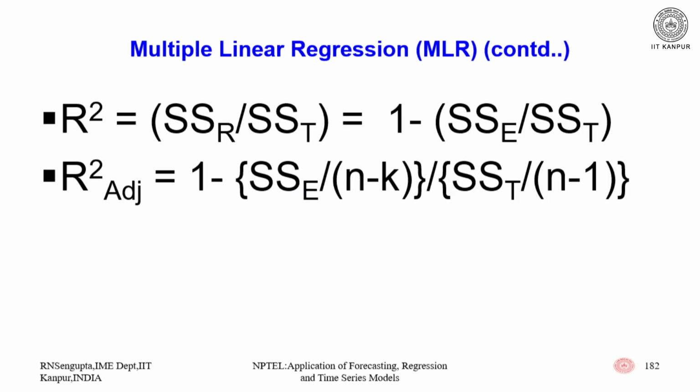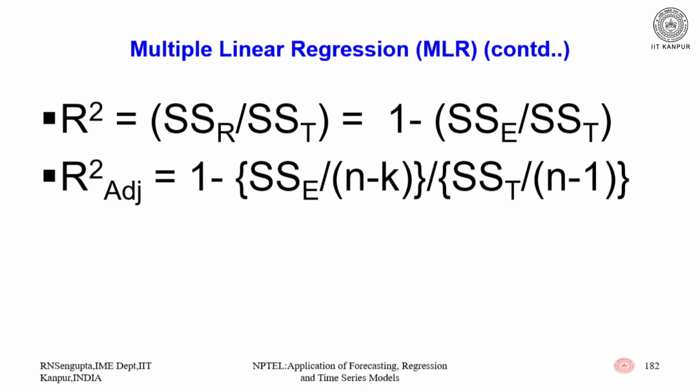We will also calculate R square, which is important. For R square we need the total variation, which is divided into two parts. One is available through the independent variables, which is SSR, and the other is not predictable because it is under the ambit of error, known as SSE. SS is basically sum of squares.